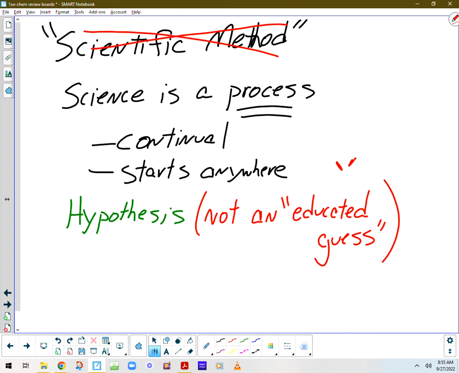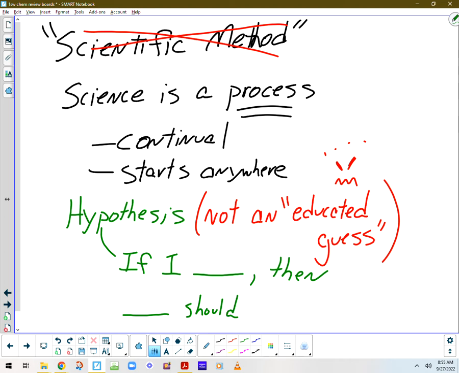Instead, a hypothesis is a testable statement that says, if I do a thing, then another thing should happen. This is better than just an educated guess, because this right here is actually testable.